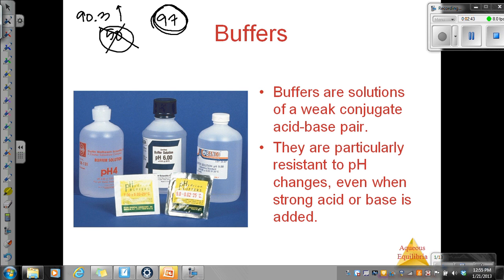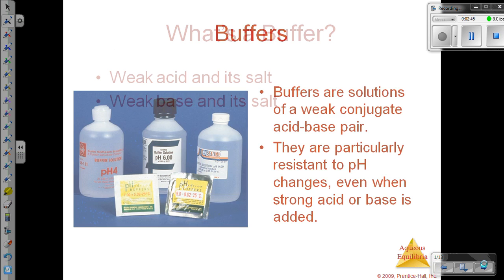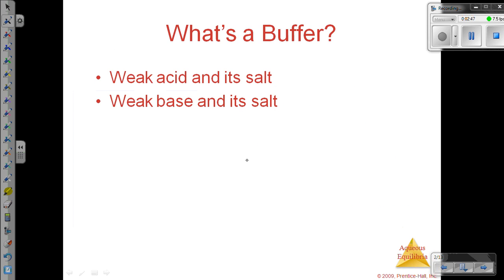And so if we're looking at the components of a buffer, a weak acid and its salt, or a weak base and its salt. So let me give you an example of each. Let's look at a weak acid and its salt. So the weak acid is, let's say, acetic acid.